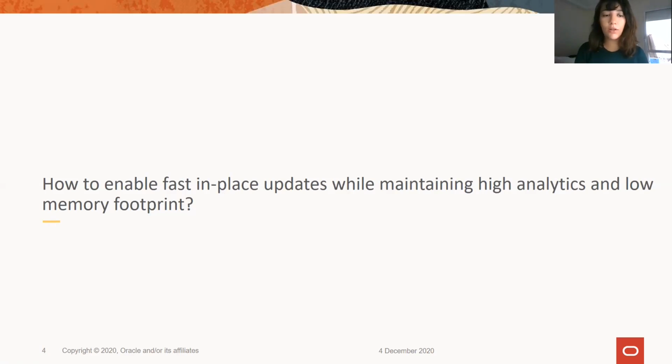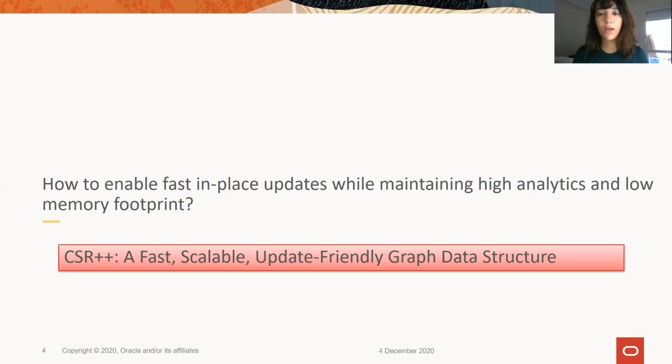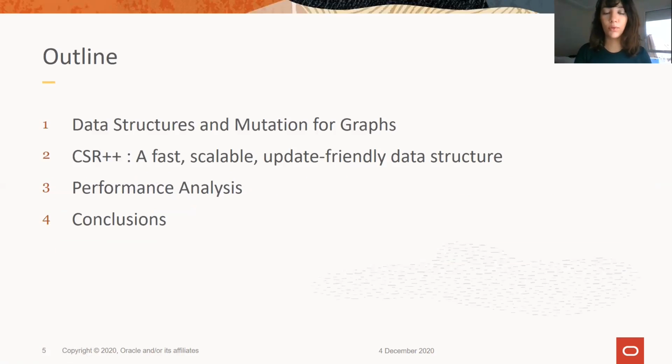The answer that we developed is CSR++, a fast, scalable, update-friendly graph data structure. We're going to talk in more detail about the design ideas and solutions to answer this main question. First, the design, meaning the vertex and edge data structures in CSR++.